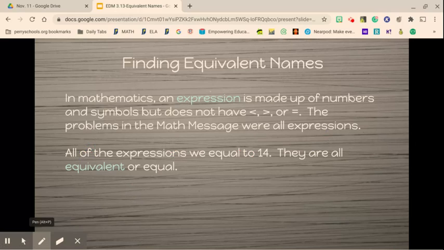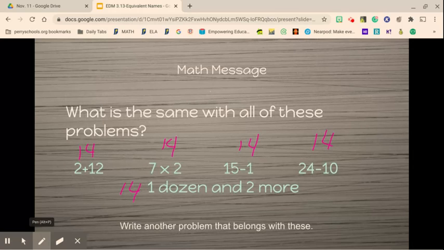All right, so we're going to be continuing to talk about equivalent names. In mathematics, an expression is made up of numbers and symbols, but does not have a greater than, less than, or equal sign in that expression. The problems in the math message were all expressions. So when I look at these, none of these problems have an equal sign. It is just the two numbers with the operation.